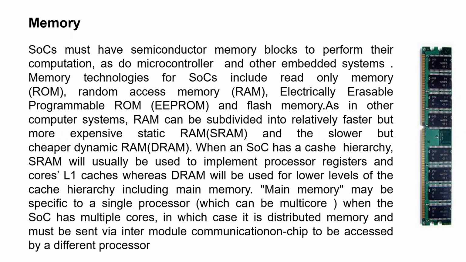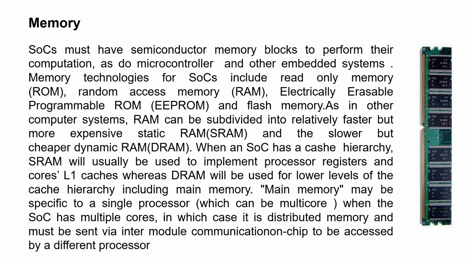For distributed memory, there is an intermodal communication chip, and this is used for communication within the memory. That is what you have to remember about the memory in a system on chip.